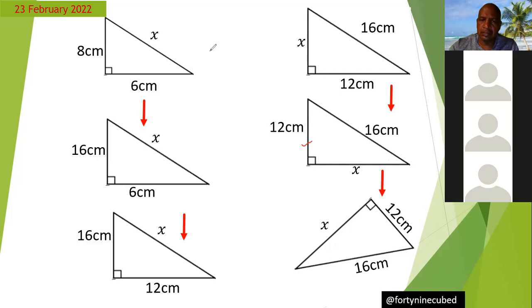Then I made x the subject. So when you say you go the long way, do you want to give me what you wrote? All right, so you have 16 squared equal to 12 squared plus x squared.